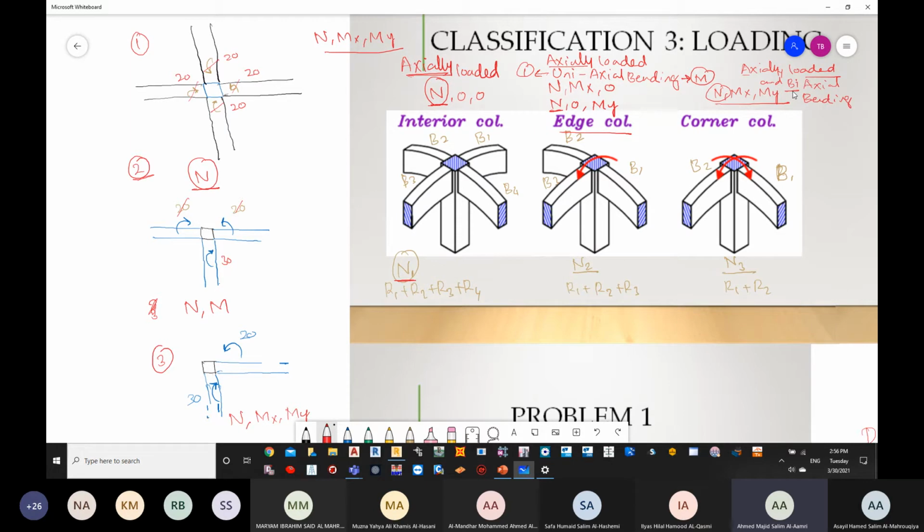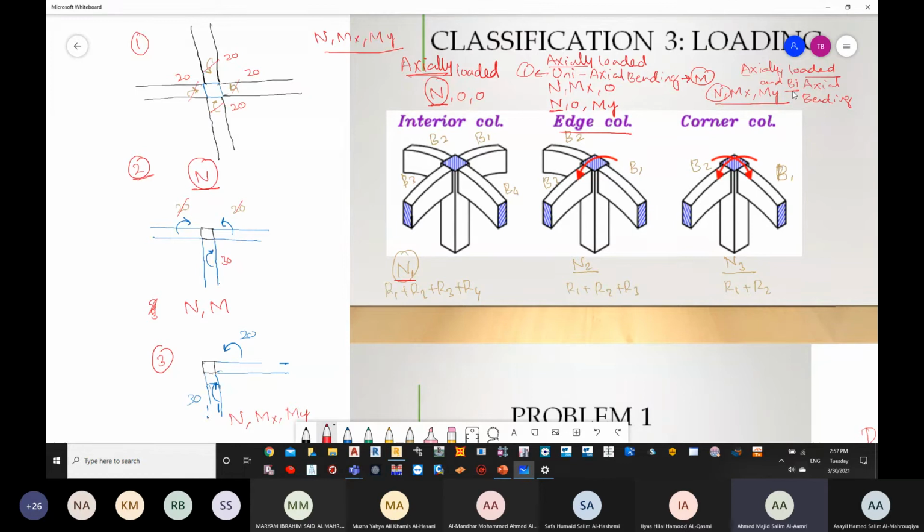Normally for the interior, if we are having regular spans and regular loading, the beams will cancel each other, so it's axially loaded. For edge columns, you will have 3 beams, and in that scenario, 2 beams will cancel each other if they have similar length and similar loading. And if it's a corner, you will have only 2 beams, meaning 2 moment directions.